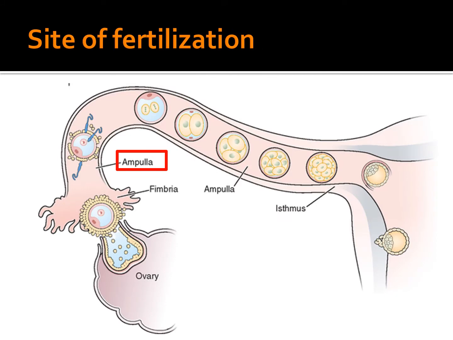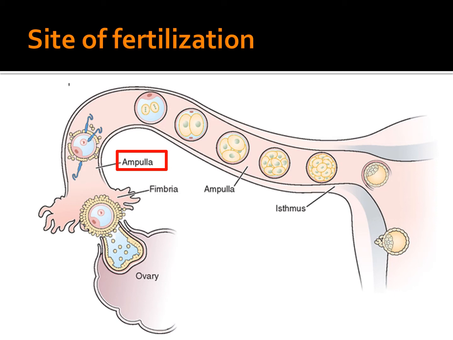Site of fertilization. The spermatozoa are transported into the uterine tube and then reach the site of fertilization. The ampulla of the uterine tube is the site of fertilization. Meanwhile, the transport of the oocyte from the ovary occurs by means of rhythmical contractions and beats of the tube, and it enters the ampulla.